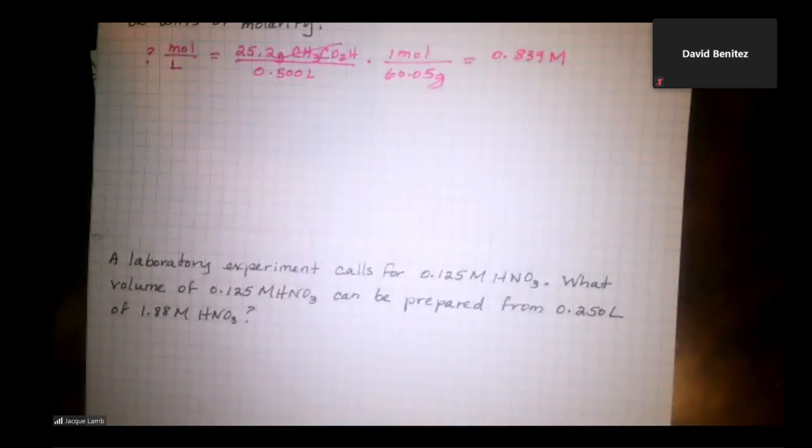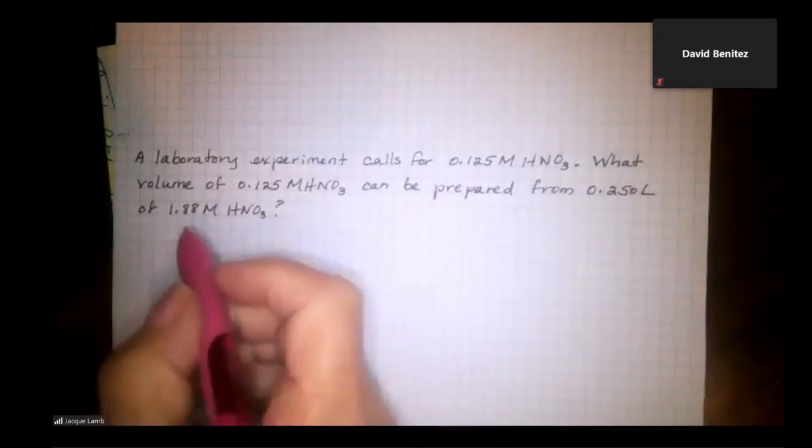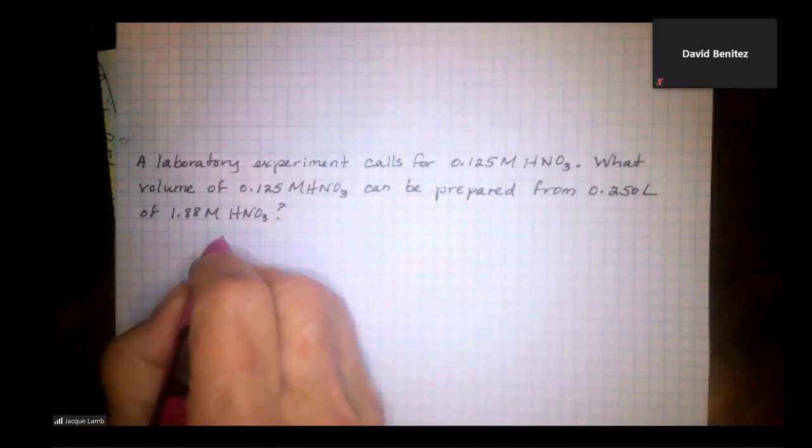So this is a dilution problem. A laboratory experiment calls for 0.125 molar nitric acid. What volume of 0.125 molar nitric acid can be prepared from 0.250 liters of 1.88 molar HNO3? Okay, so I always recommend writing the formula.